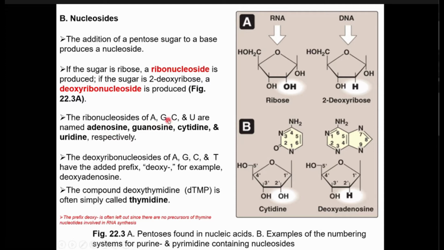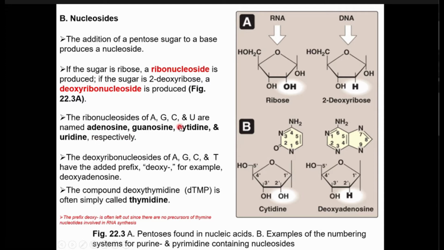If you want to add a sugar to guanine, it becomes guanosine, but it doesn't apply to, as I mentioned, uracil and cytosine. So uracil becomes uridine, and cytosine becomes cytidine.